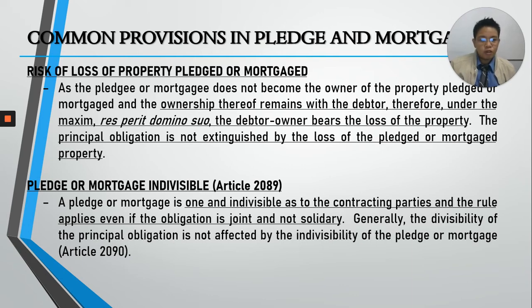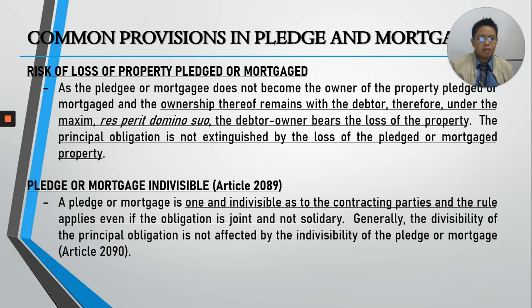Now, also take note, indivisibility of the pledge or mortgage is not affected by the divisibility of the principal obligation. So the principal obligation may be divisible, so it can be performed in parts, but remember, yung pledge or mortgage will remain indivisible.